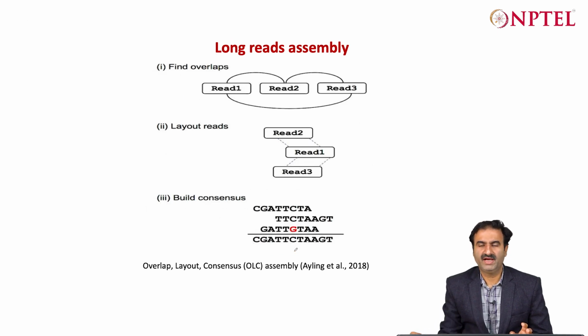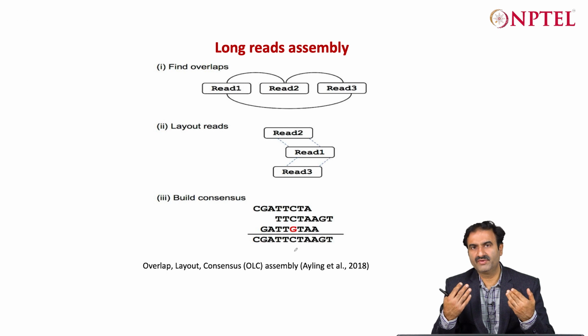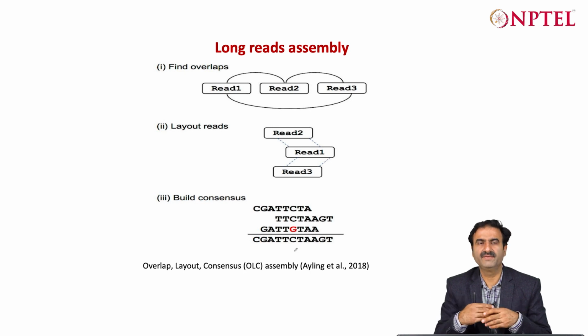So many tools are available which are based on this, and this is one of the standard approaches for short read assembly. And for the long reads we basically rely upon the overlap layout consensus approach. Here the k-mer approach may not work because we don't want to break the reads into smaller pieces, since long pieces are already there, right?